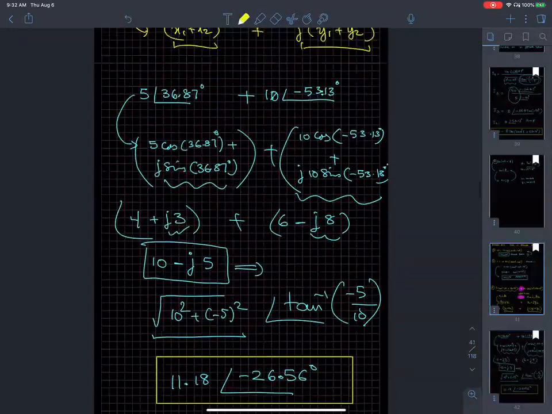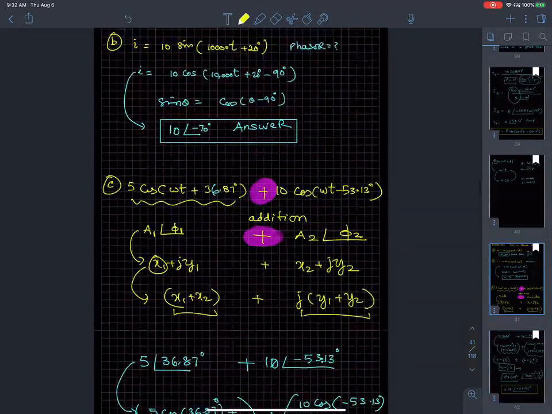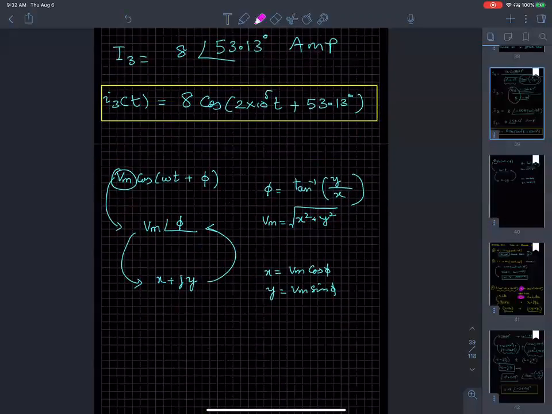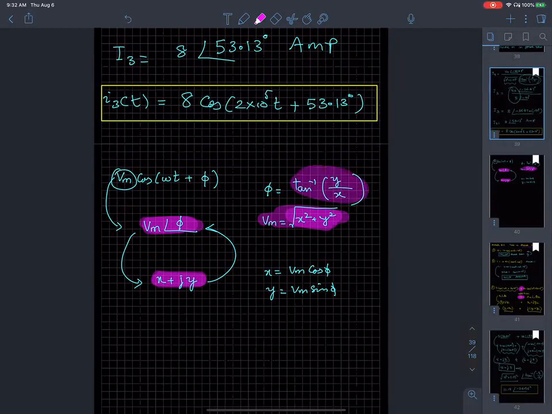Okay, so I summarized the steps that we have to follow right here. When you want to go from rectangular form to polar form, you take the square root of x squared plus y squared, and tan inverse of the imaginary part over the real part gives you the angle.